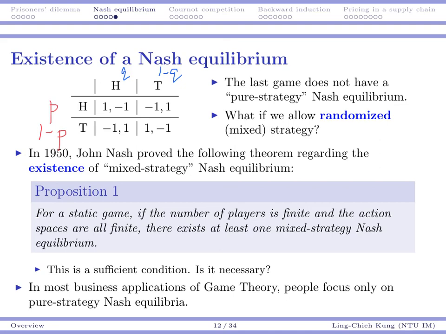If we are making decisions, somehow we need to make a choice. You cannot say to your supplier that, with probability 1/2, tomorrow give me 100 units, or with probability 1/2, tomorrow give me 200 units. You cannot make this kind of random order to your suppliers. You somehow need to make a decision.